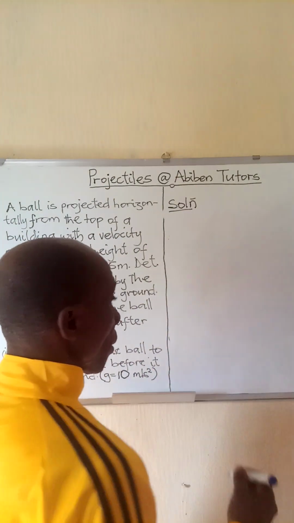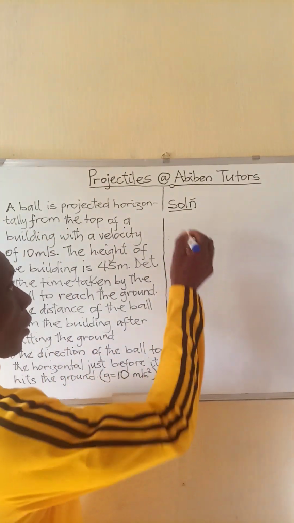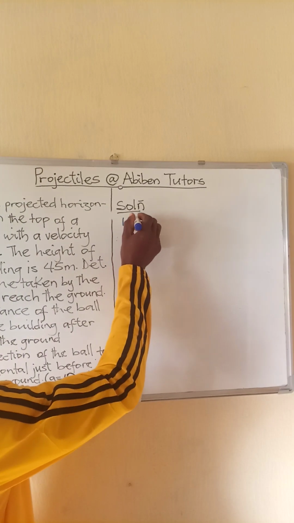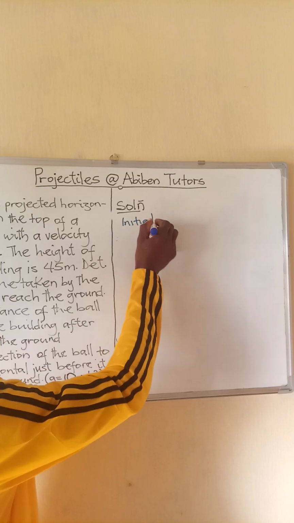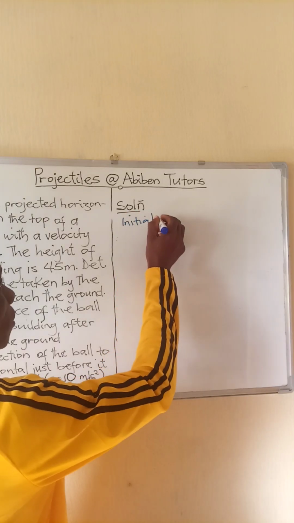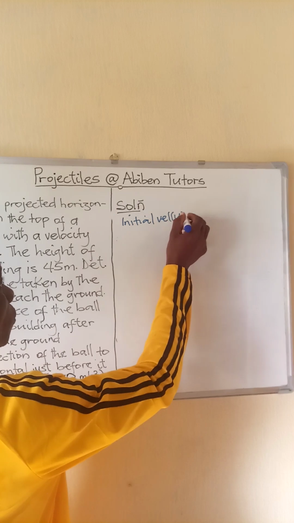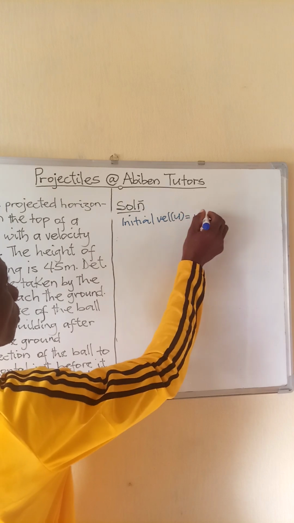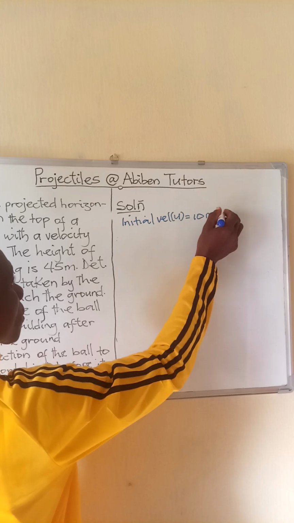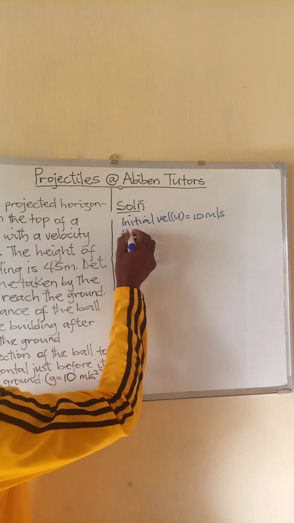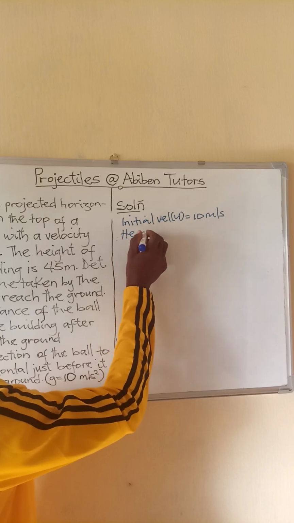And then for the solution here, we have been given initial velocity, which we represent with small letter u, to be 10 meters per second. And then the height of the building, we are told the building is 45 meters tall.